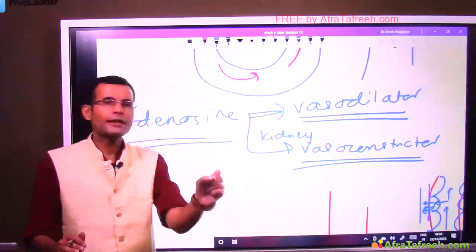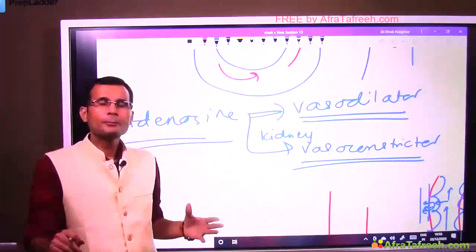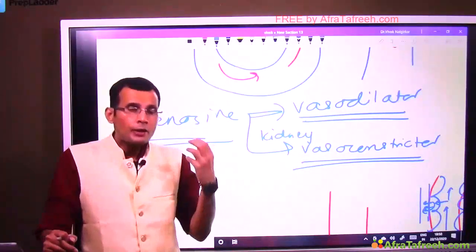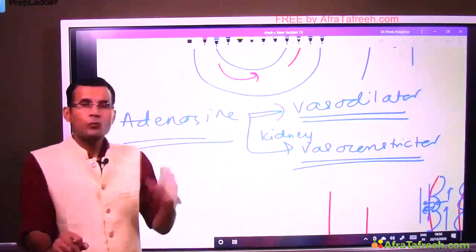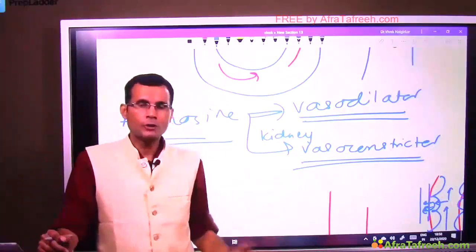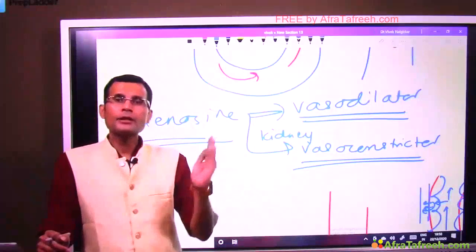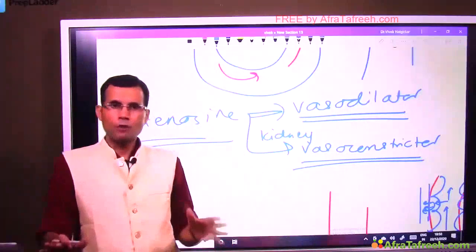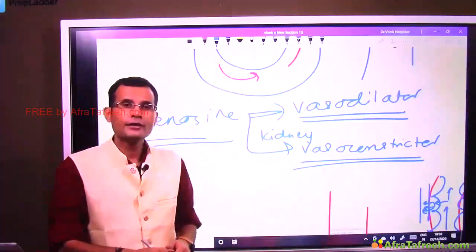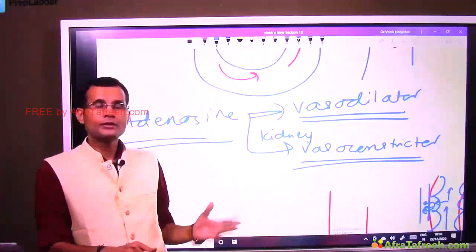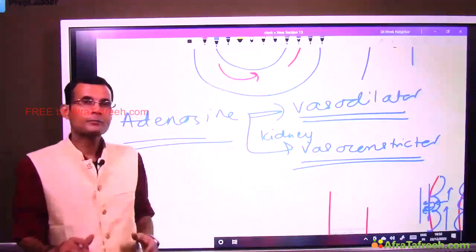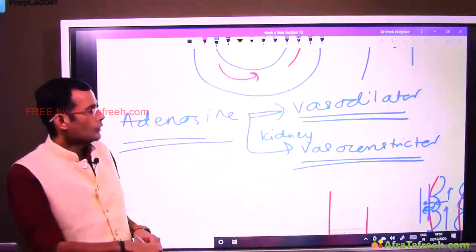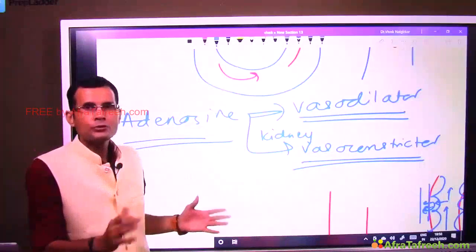For instance, suppose myocardial metabolic rate has increased and it needs more blood flow in the coronaries. There is quick ATP breakdown because metabolic rate has increased. ATP will be converted to ADP, then AMP, and finally adenosine is formed. That adenosine leaks out of the cells and it will dilate the coronary vessels. So blood flow will increase into that part. This is based on the Berne hypothesis. So that's how blood flow can increase to the part.